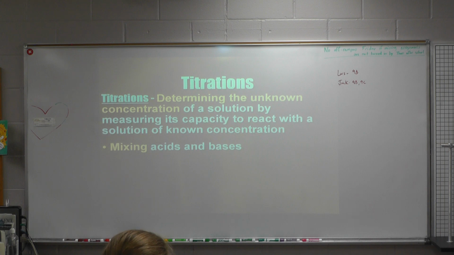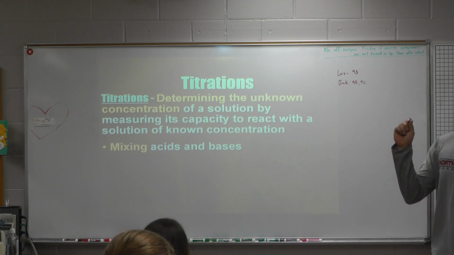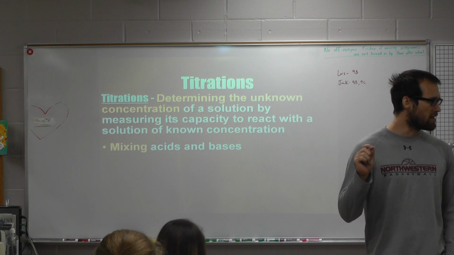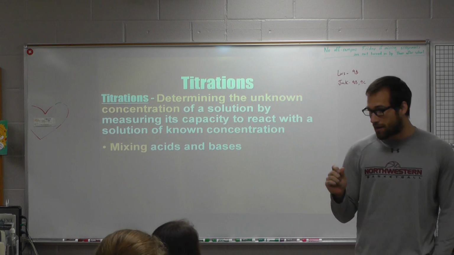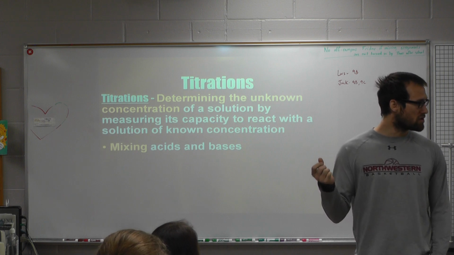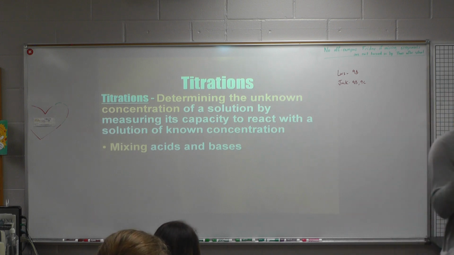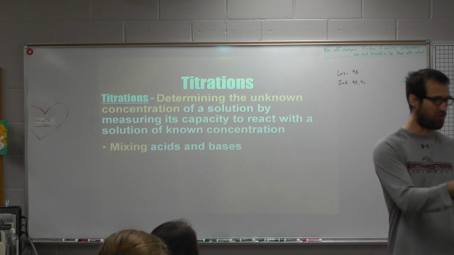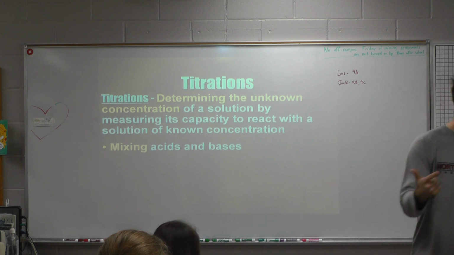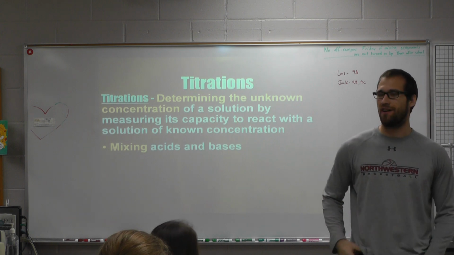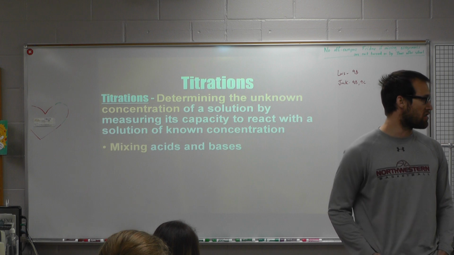What you could do then is little by little add a base of a known concentration until the pH turns to 7. At a pH of 7, what's true? Neutral. That means all of your base neutralized your acid. Well, then you could figure out how much volume did I use and what was the concentration of my base that I added, and you could do a little bit of math to figure out exactly the concentration of your unknown acid.